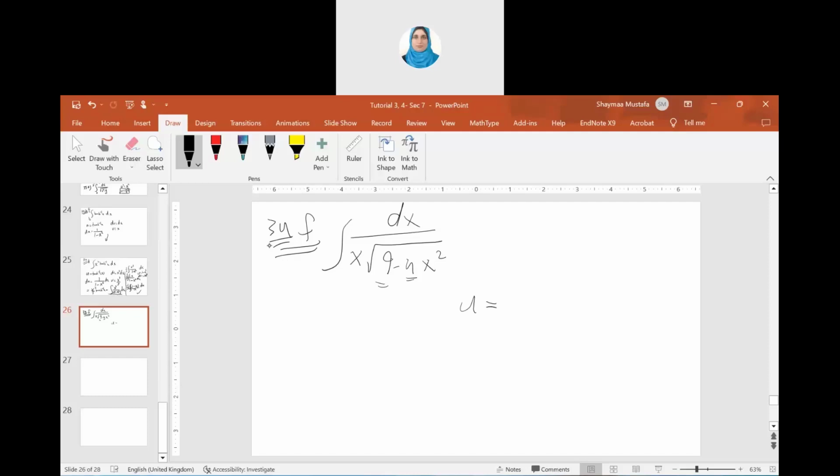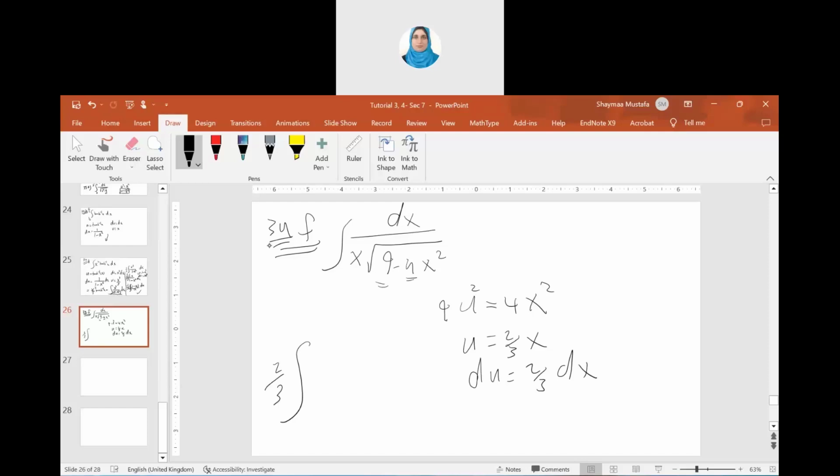I need 9u squared to equal 4x squared. So I can make it 1 minus u squared. So 9u squared, then u will be 2 over 3 x. This is your substitution.